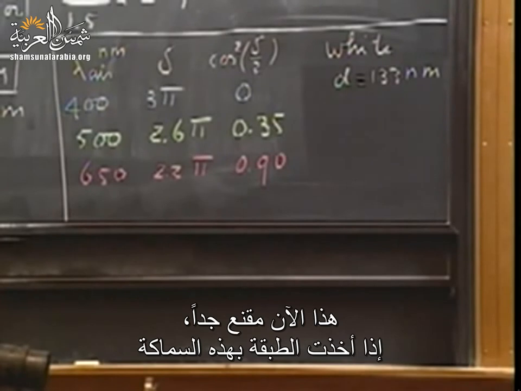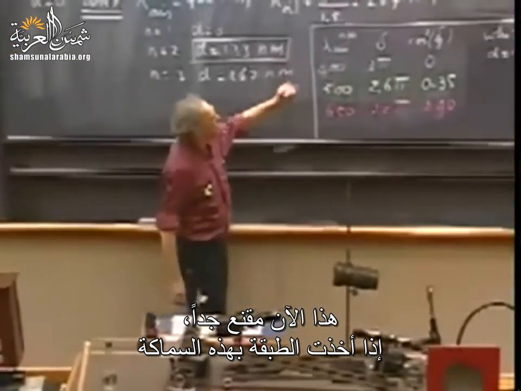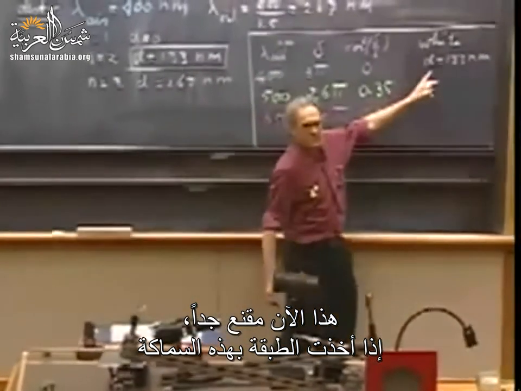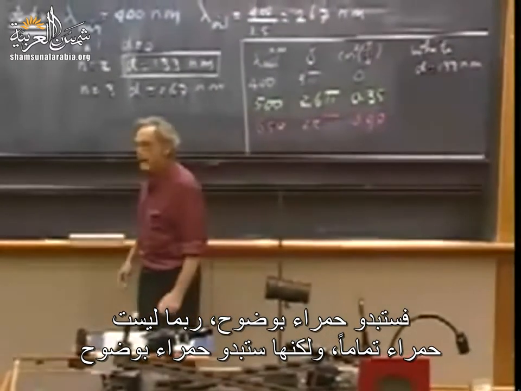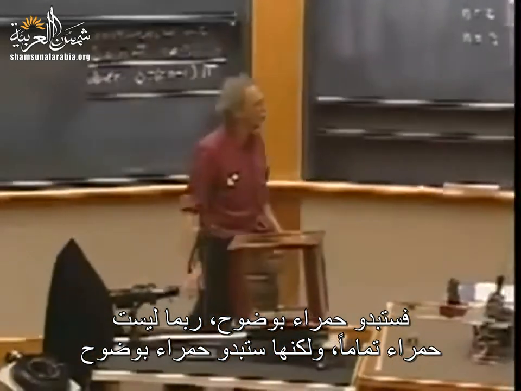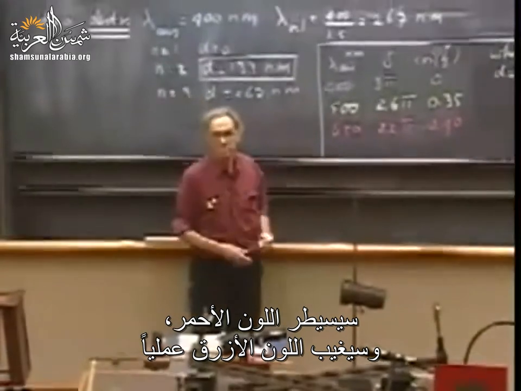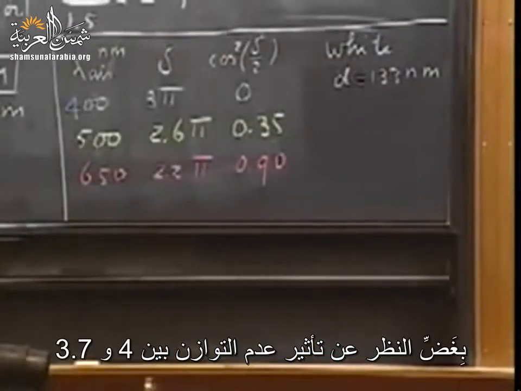And so, this is very convincing that if you make your film this thin, that it will look distinctly red. Maybe not perfect red, but it will look distinctly red. The red color dominates, and the blue practically absent at all, apart then from the imbalance that you may have between the 4.0 and the 3.7.